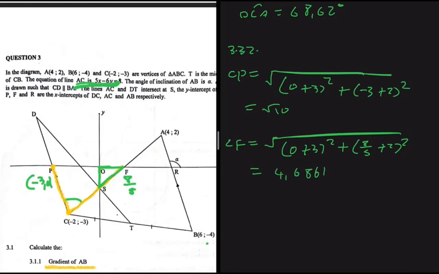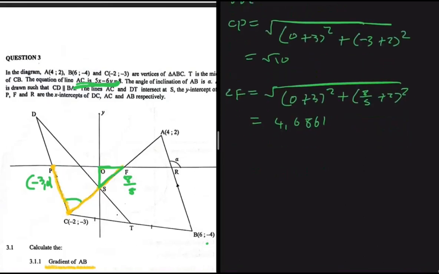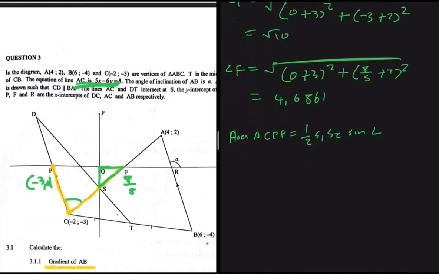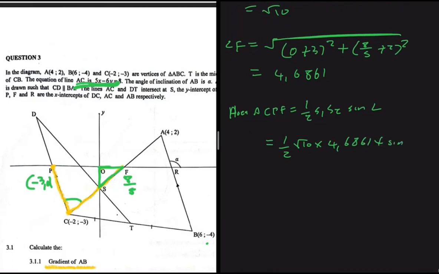Let's not round off to 2 decimal places when we're not at the final answer, right? So now we can say that the area of triangle CPF is equal to side 1, side 2, and then the sine of the angle the two sides sandwich, right? So that will be angle DCA. So the area of CPF will be square root of 10 multiplied by 4.6861 multiplied by sine of that angle.